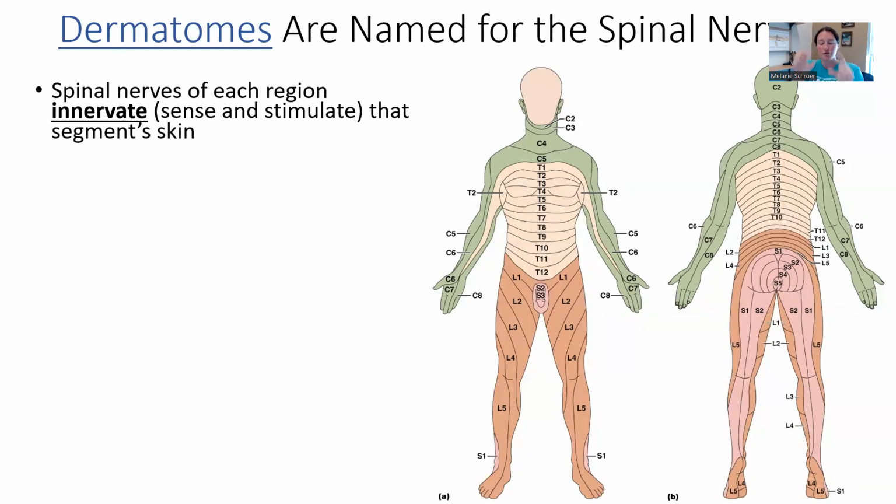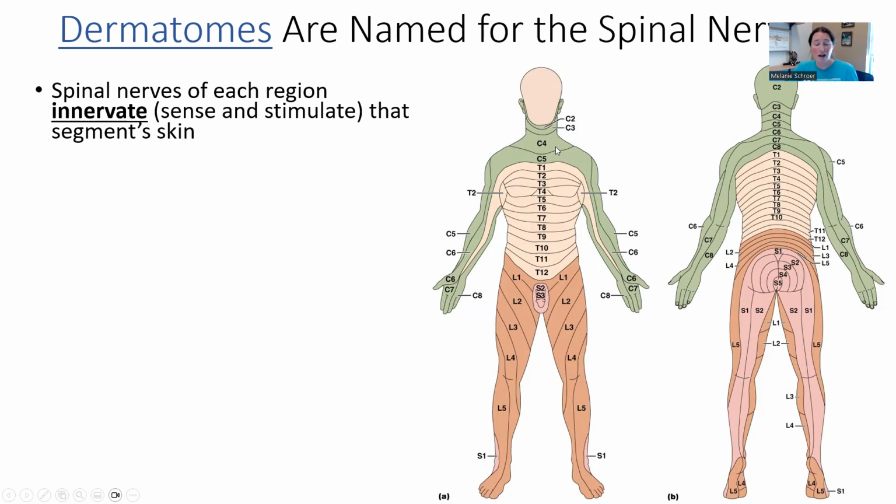And so each essentially strip of skin that is innervated, that is controlled by, right, sensing and giving motor commands by a specific spinal nerve is called a dermatome, right? Derma for skin. Okay, so these are skin regions, skin strips that are innervated, controlled by sensing an individual spinal nerve. And so what you can see is spinal nerve C4 innervates all of this, right?